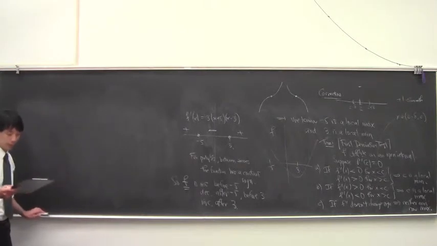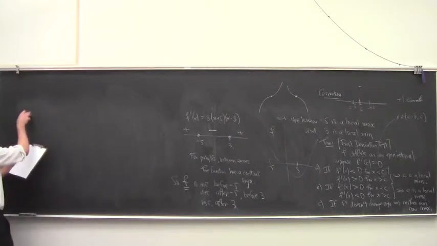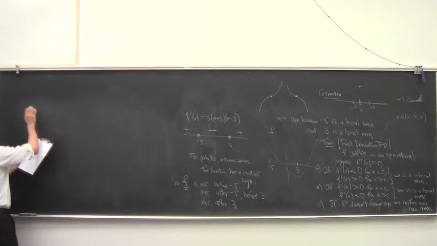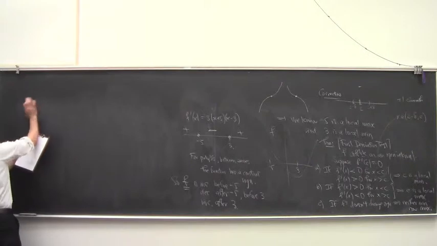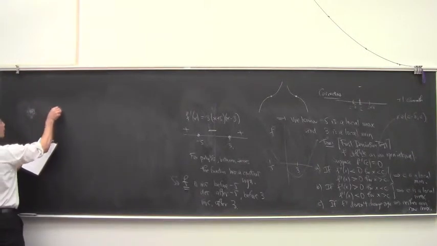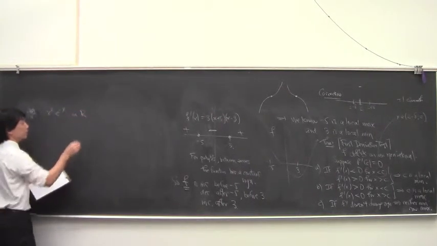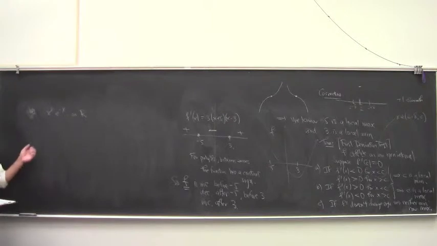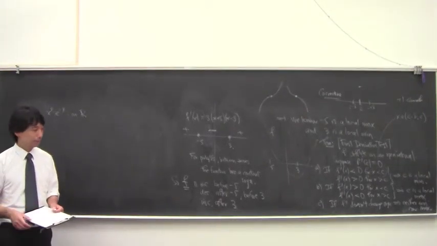Okay, let me make you do one. Try this: x squared e to the minus x on the whole line. I'd like you to try to find any maxima or minima for this function. Take say 2 minutes and see what you can get.